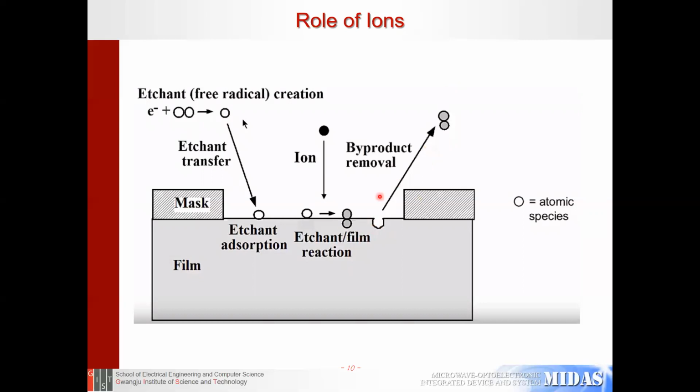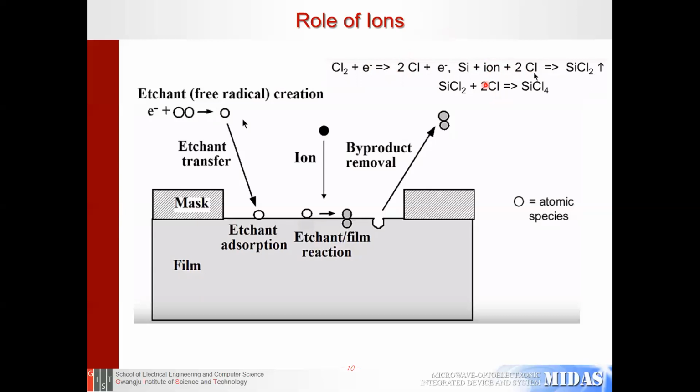So here is an example of the reaction of chlorine. Here we have chlorine gas going into the plasma. The electrons in the plasma break the chlorine gas into two chlorine atoms. Then these chlorine atoms, together with the ions and silicon, yield silicon dichloride that comes off.